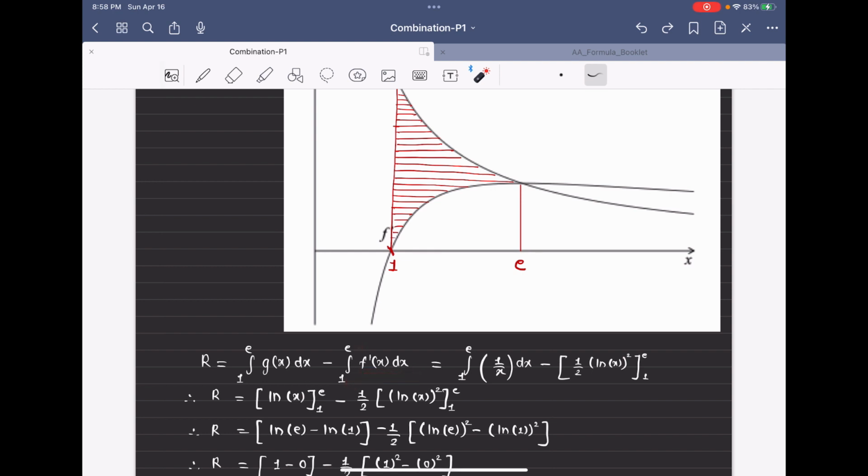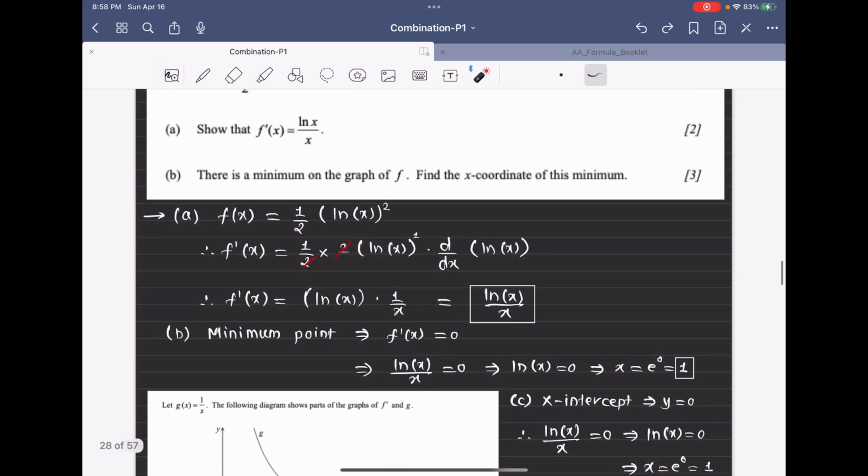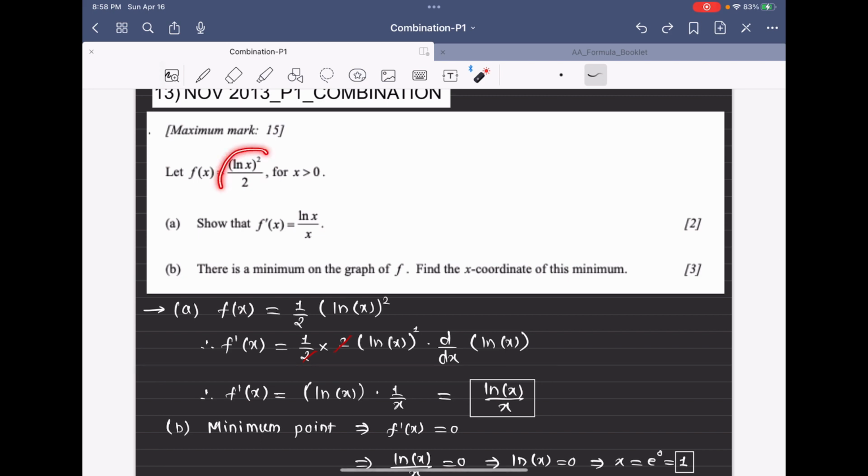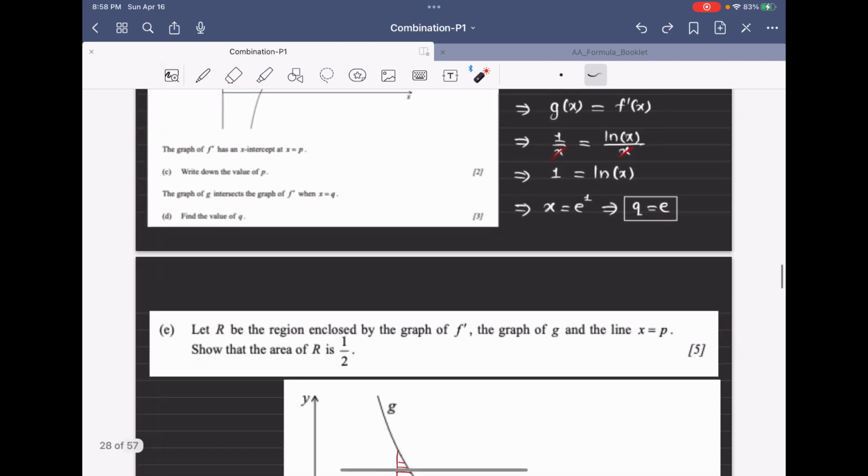What is g of x? 1 upon x dx from 1 to e, and f dash x integration. As we know that derivative and integration are reverse processes of each other, the integration of f dash x would be f of x. And what is f of x? f of x is your actual function, that is ln of x bracket square over 2.